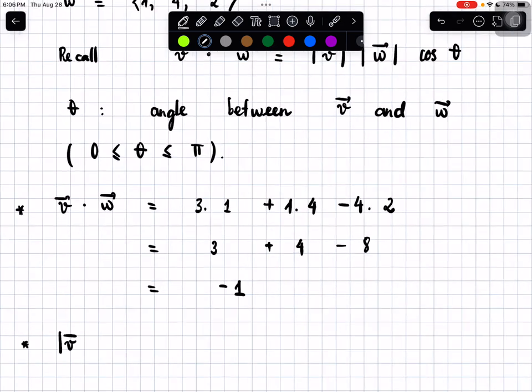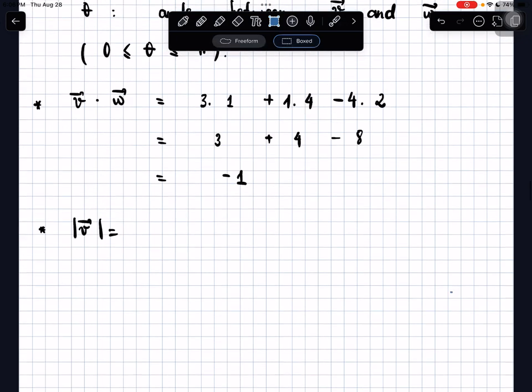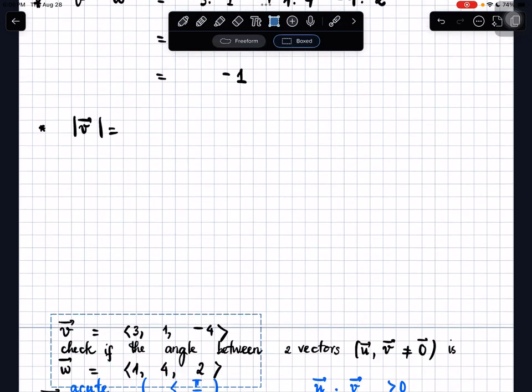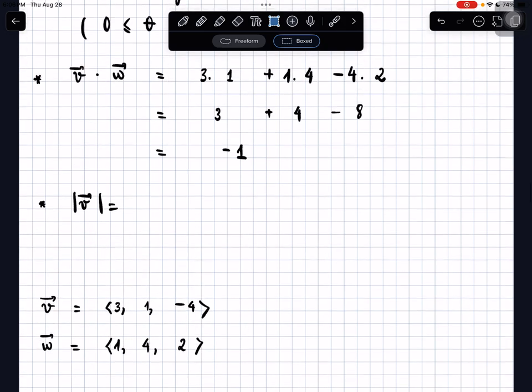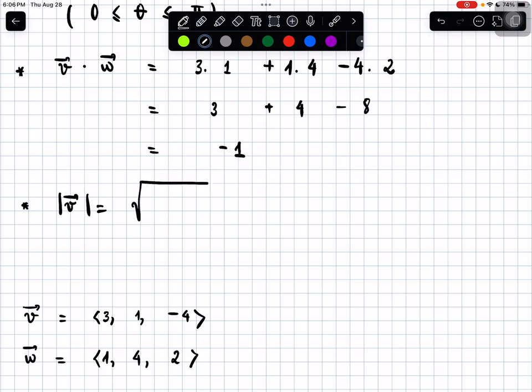The length of v is given as, so here's our vector v and vector w. Vector v is 3, 1, minus 4, so the length of v is the square root of 3 squared plus 1 squared plus minus 4 squared.